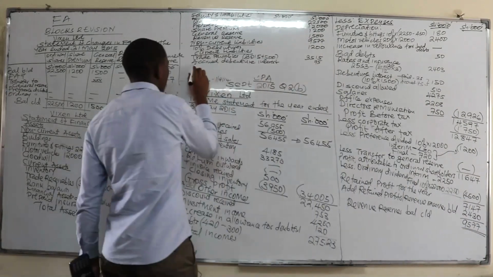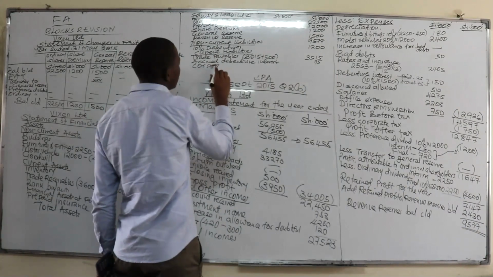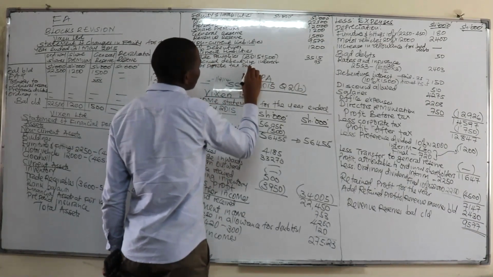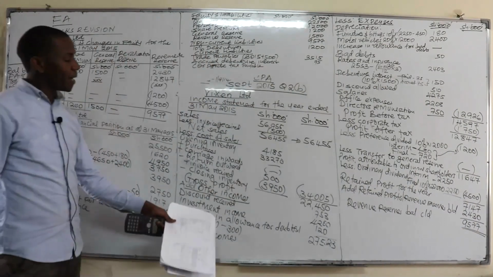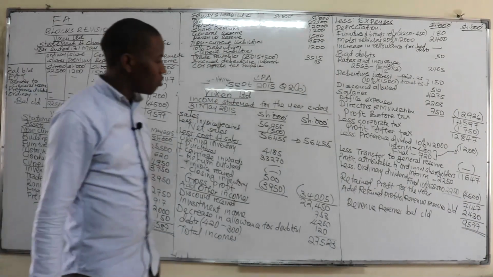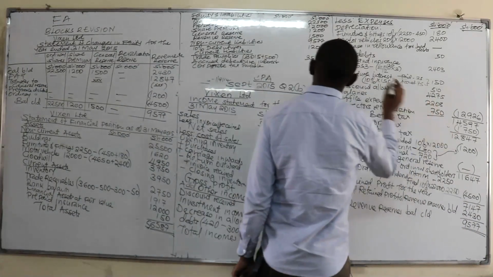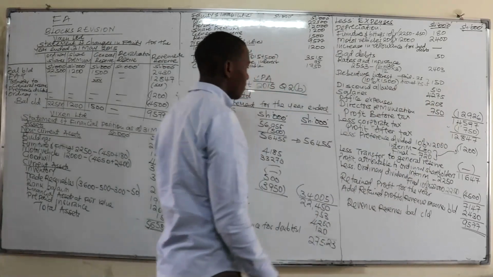When you check on the trial balance, we don't have any corporate tax that was paid. Therefore, this corporate tax is not paid, which was 1,750. So we'll also have the corporate tax payable.